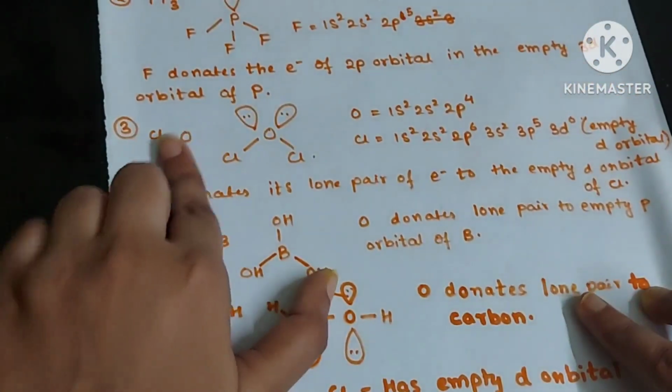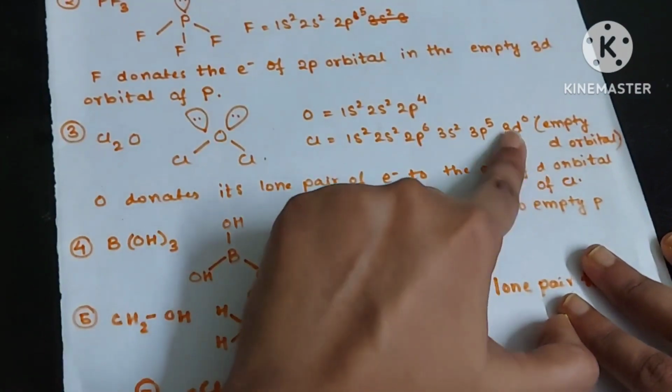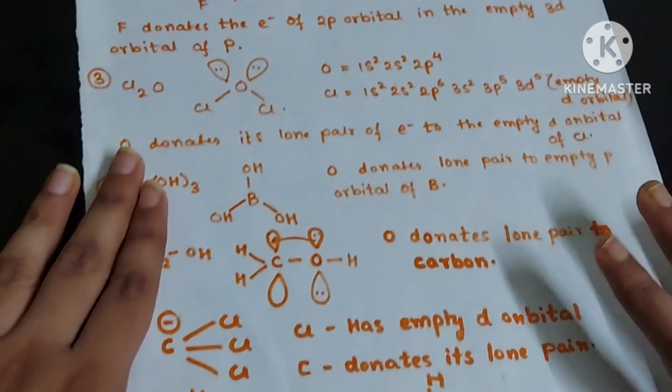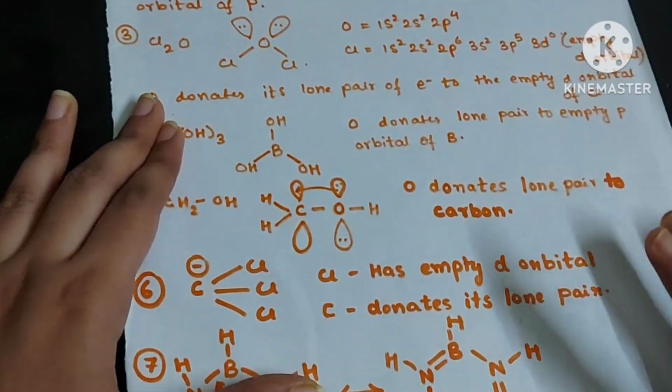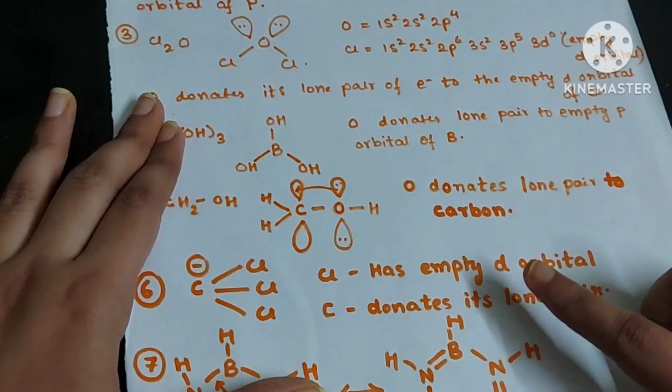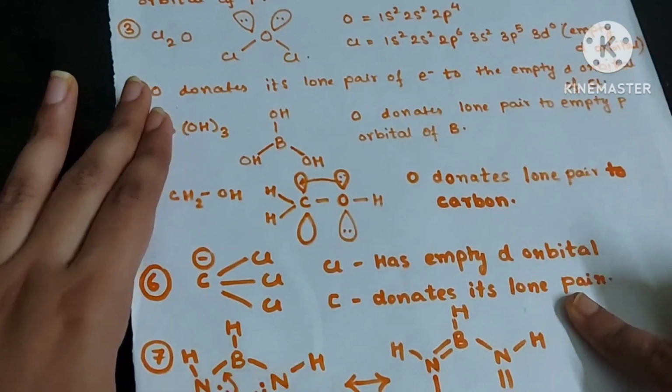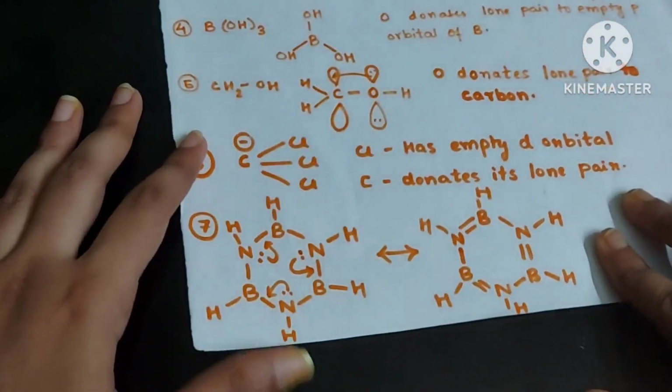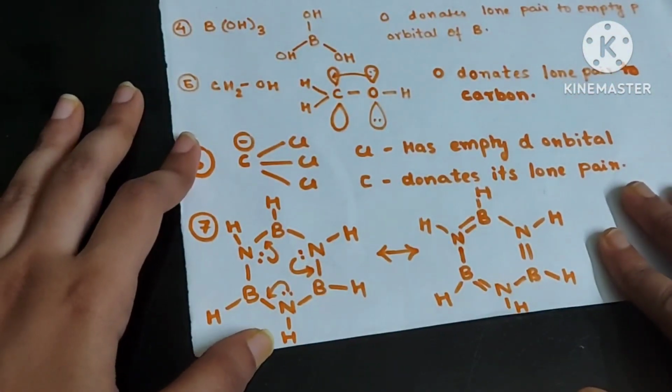Here we have studied that chlorine has an empty 3d0. Here also same thing, in the empty 3d orbital, carbon is going to donate its lone pair. Now there is another example, that is inorganic benzene.